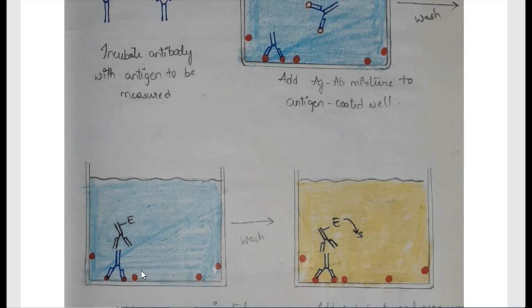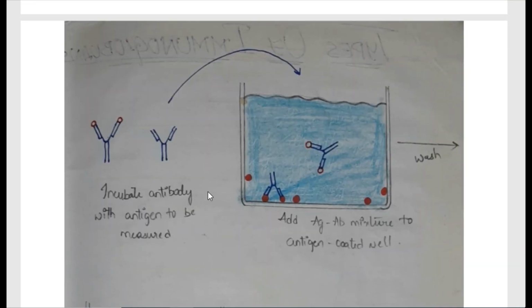Now what is happening in the competitive ELISA? The higher the concentration of antigen in the original sample, the lower will be the absorbance. If this is going to be more in number, this can't bind here, so it is not going to bind to it.